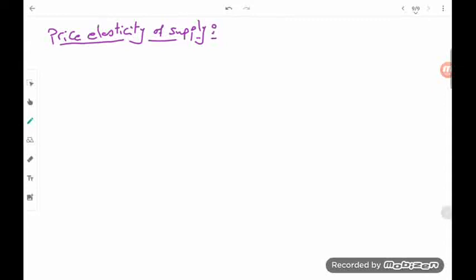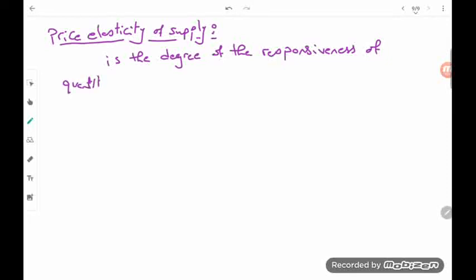Elasticity of supply is the degree of the responsiveness of quantity supplied due to change in price.